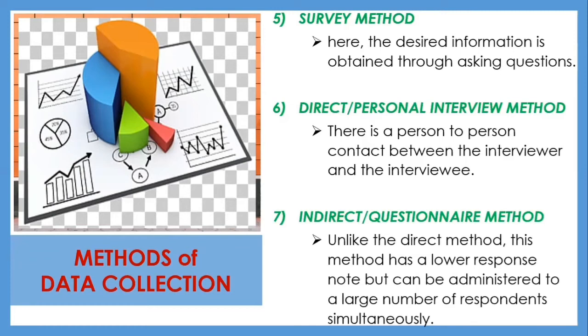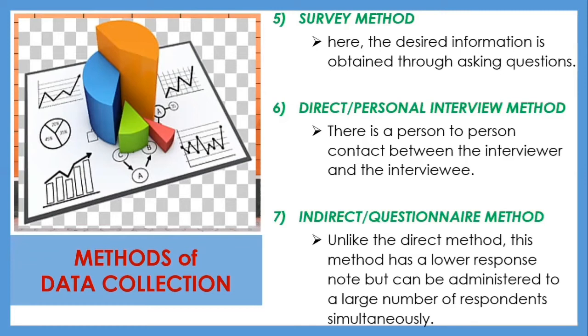This is considered one of the most effective methods of data collection because accurate or precise information can be directly obtained and verified from the respondents. Moreover, this has a higher response rate, but can only be administered to the respondents one at a time.